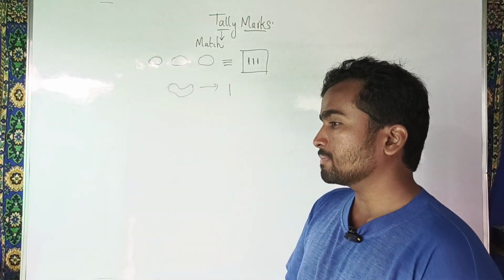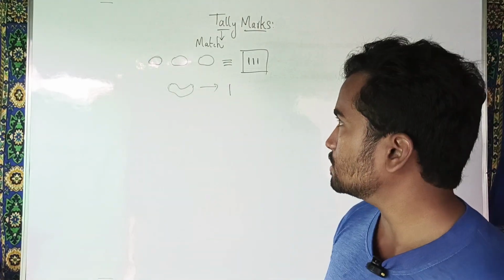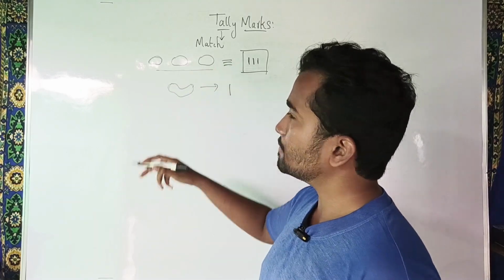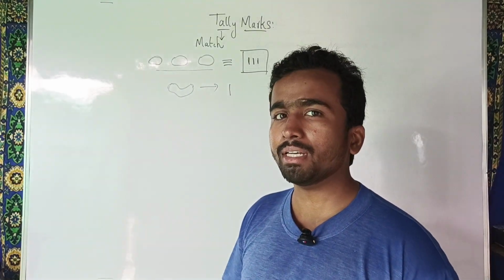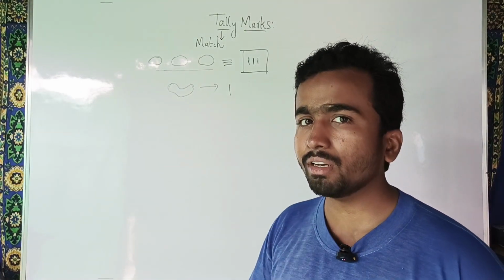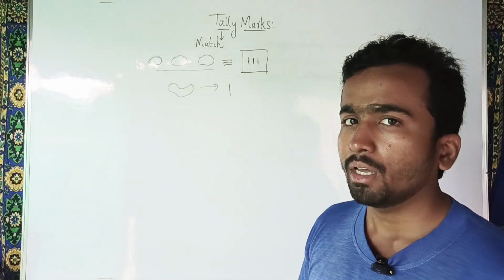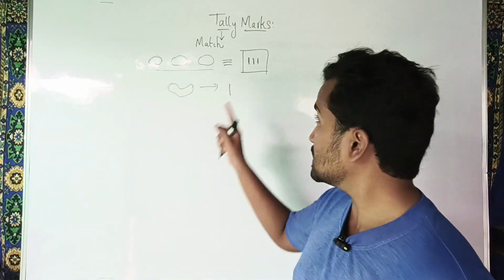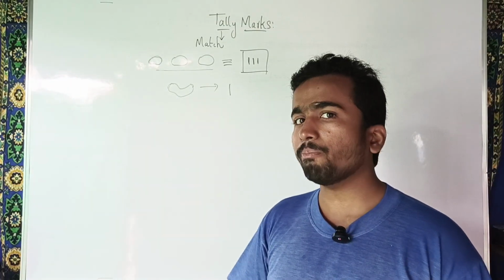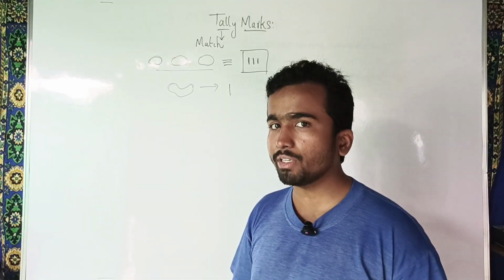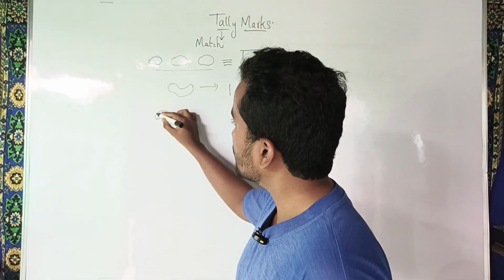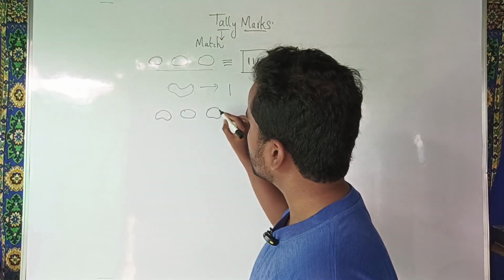Now you might have a doubt: for small quantities it is okay, but what about huge quantities? For huge quantities it is a very difficult task, but even for a moderate quantity of objects, consider I have 5 objects over here.